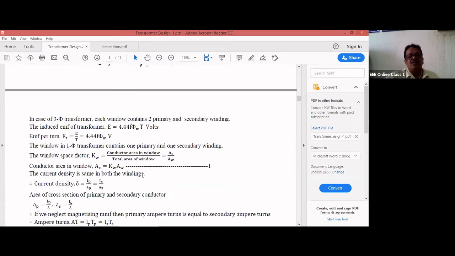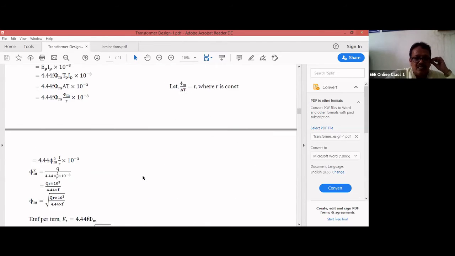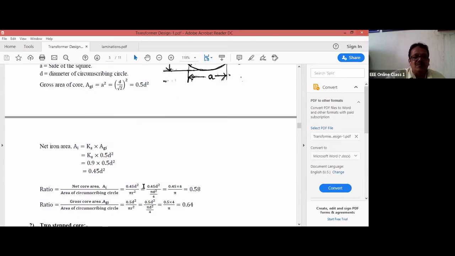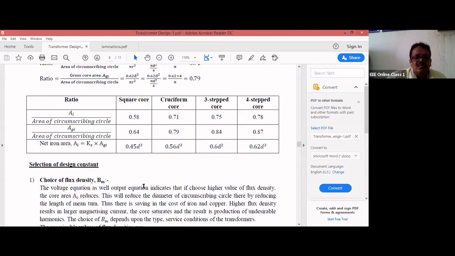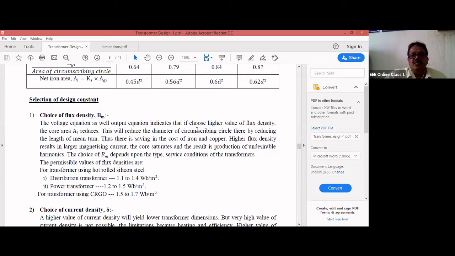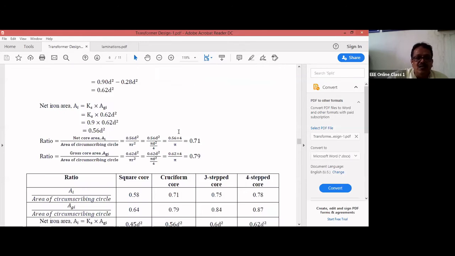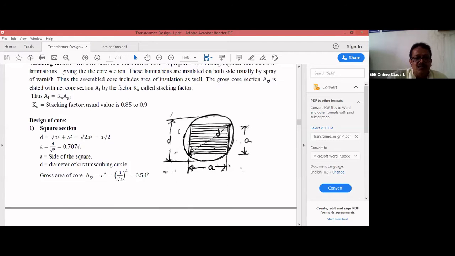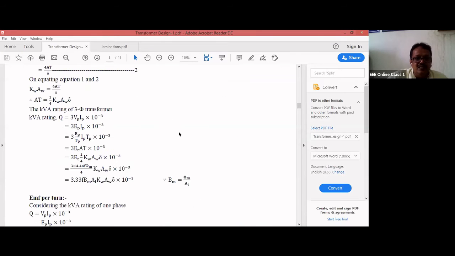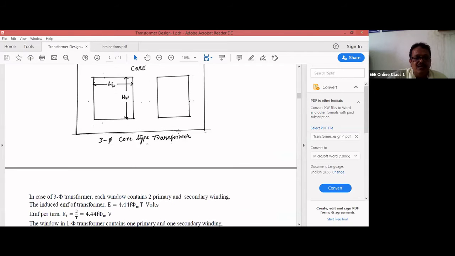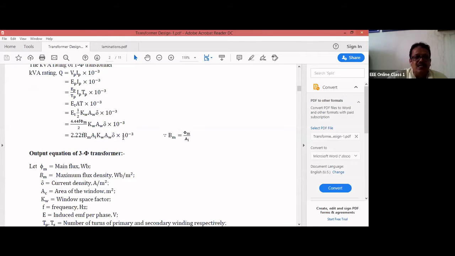So if you consider both the output equation and the EMF equation, we can say that the voltage equation as well as the output equation indicate that if we choose a higher value of flux density Bm, then in this equation Bm is equal to Q divided by the entire part, where AI will come in the denominator.